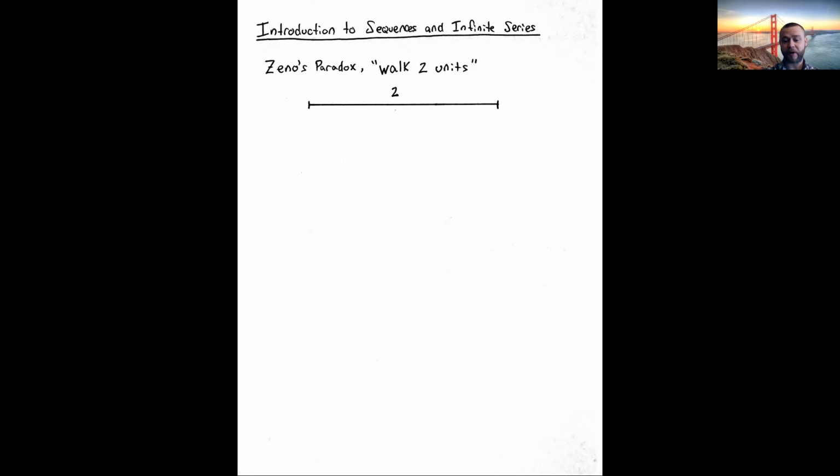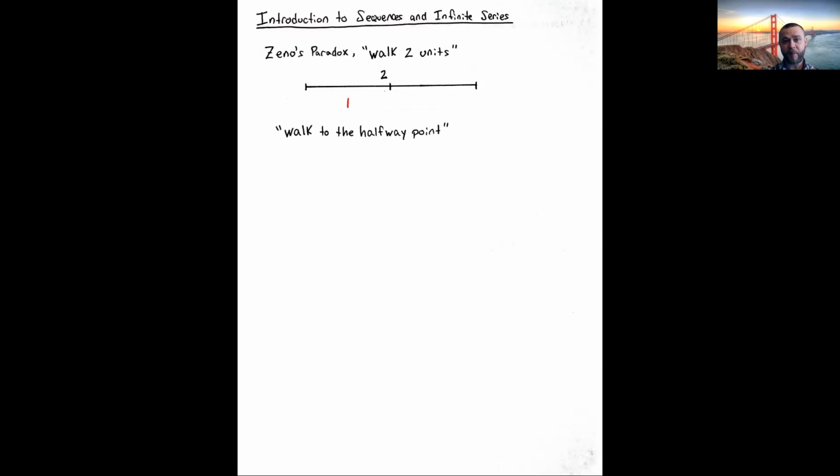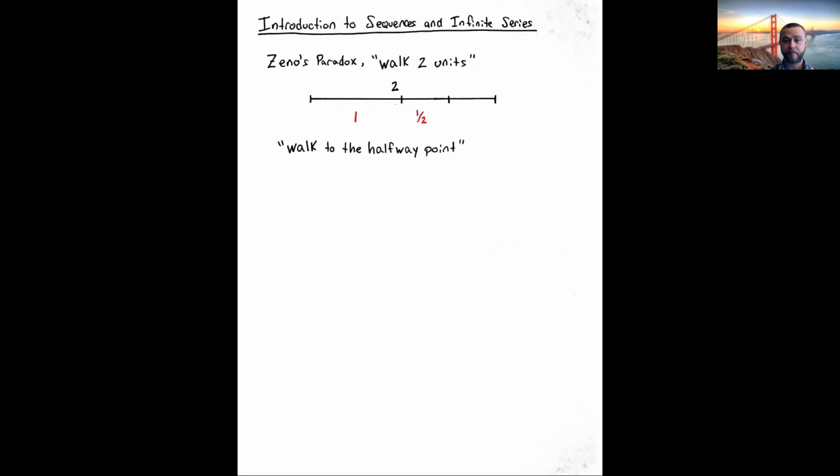The paradox arises if we try to split this total journey by walking to each halfway point at each step. Now, if we start at the left and walk to the first halfway point, we've walked the total distance of 1 unit. Now that we're at the halfway point, we have to walk to the new halfway point, walking an additional 1/2 unit.